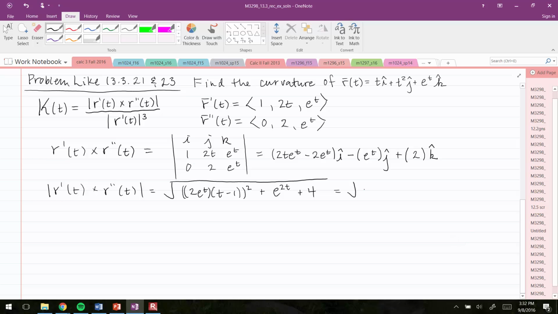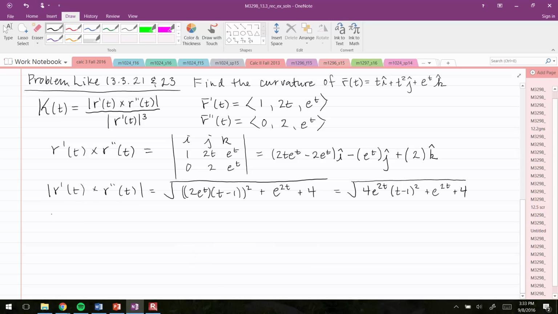So I can square here, I'm going to have 4 e to the 2t, and then we have our t minus 1 squared, plus e to the 2t plus 4. Okay, so that's probably good enough for now.